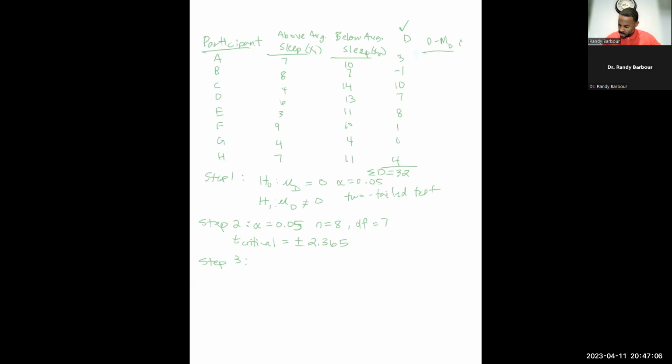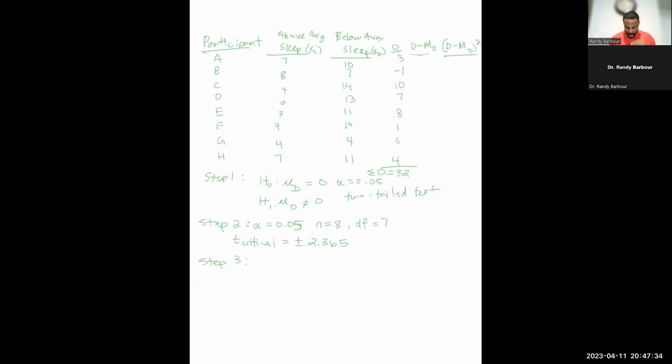That makes some room for this. So we're going to go D minus mean difference, squared, because that's going to be our sum of squares.